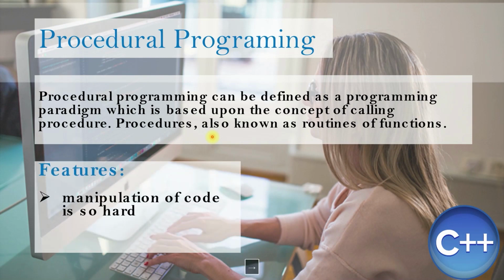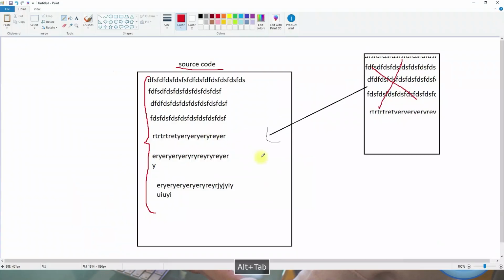The first feature about procedural programming is that manipulation of code is hard. Right now I have 9 lines, suppose I have only 9 right now. In your example, you can see we have only 9 or 10 lines of code. But in a real program, you're not going to have only 9 or 10 or 12 lines of code.